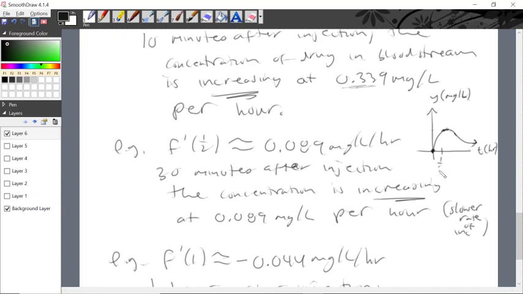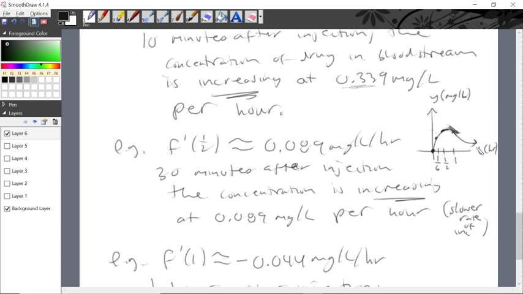At 1/6 of an hour we see that it is increasing rather steeply, maybe relative to other locations. At 1/2 of an hour, it is still increasing, but not as fast as it was after 10 minutes in. By the time we get to 1 hour, it is now decreasing.